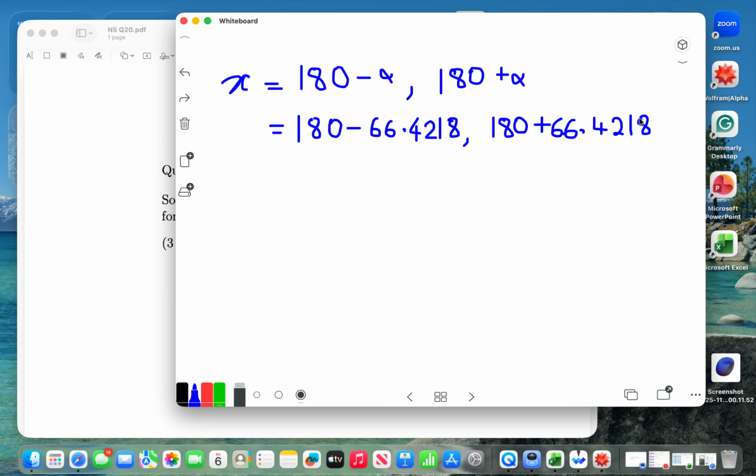So plug both of them into the calculator and the first one you get is 113.5782, or you get 246.4218.